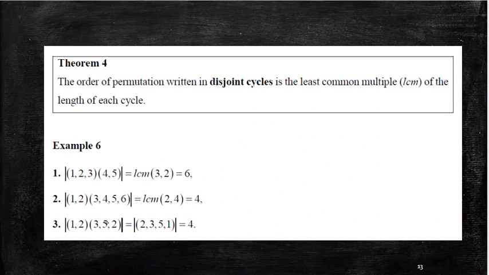Then what about 3? 3 to 5, 5 to 5. We have 5 here. And then the last one, 5 to 2, 2 maps to 1. That means we have (1, 2, 3, 5), which is order 4. For non-disjoint cycles, we need to multiply them first and obtain the disjoint cycles, and then we can obtain the order.